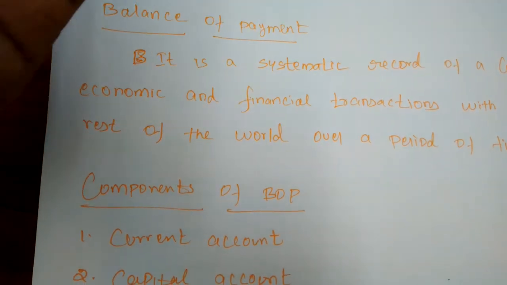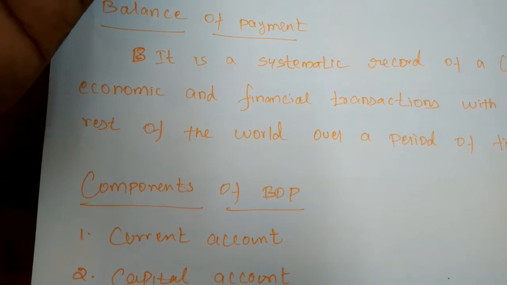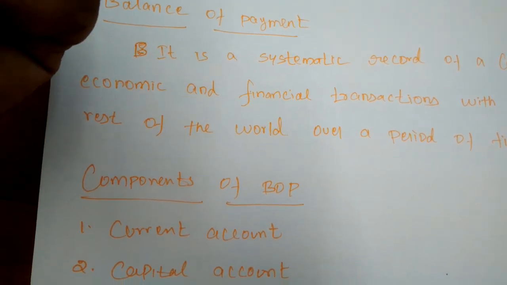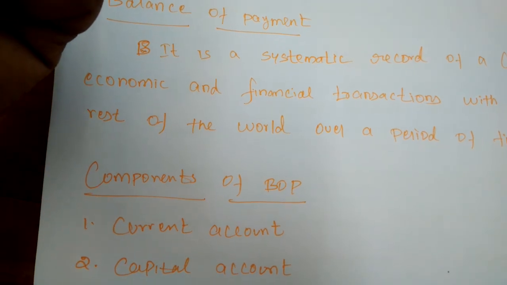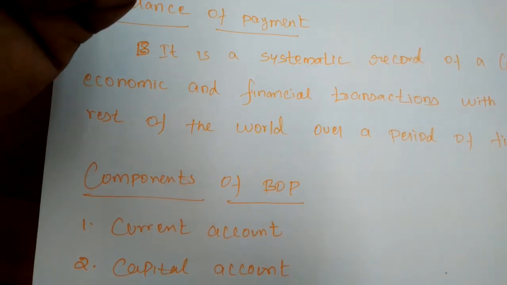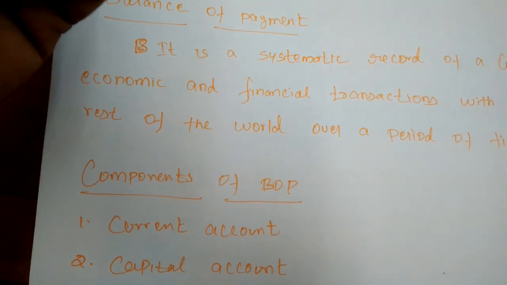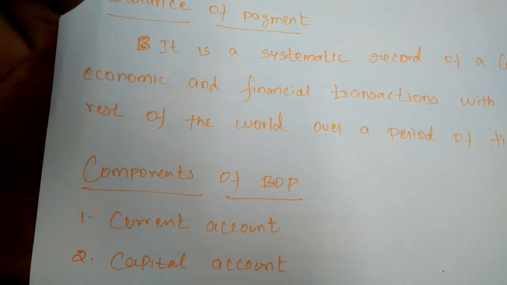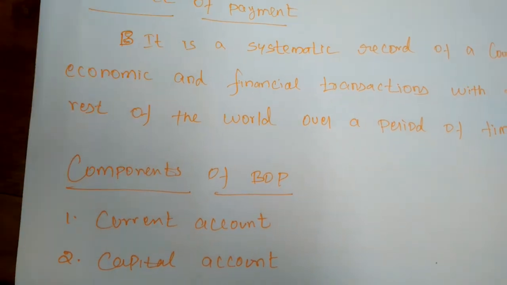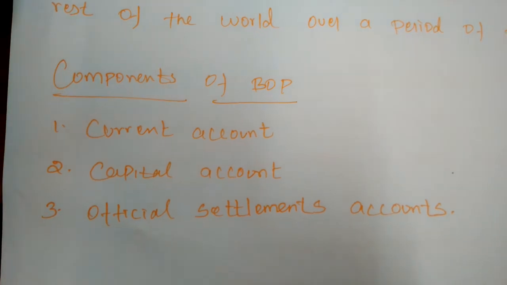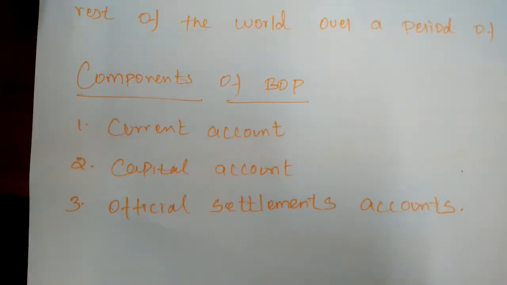Like that, if you are exporting commodities to other nations, we will receive foreign currencies. So it is considered a credit transaction. Like that, payments to foreign countries are debit transactions. When we are importing commodities, we must pay foreign currencies. It is considered a debit transaction.